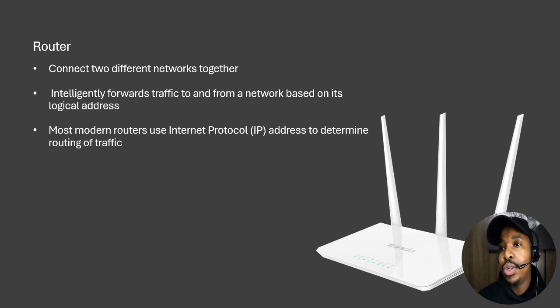An example would be me trying to make a search on Google and accessing Google servers. My network would obviously have to be translated into an IP address, and then the router would have to route that search request to Google servers and then back into my network with the data that I requested.